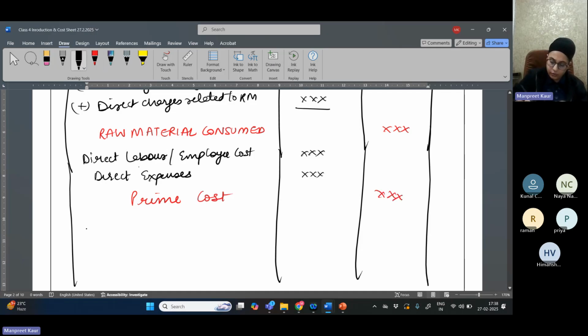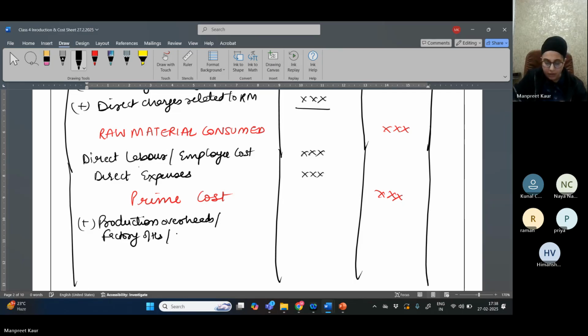In prime cost, we adjust production overheads, we can say factory overheads, and works overhead.